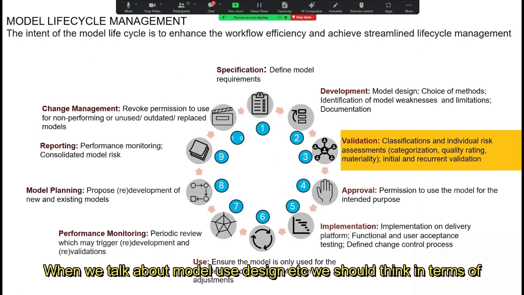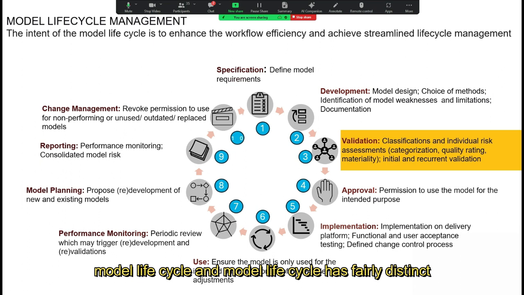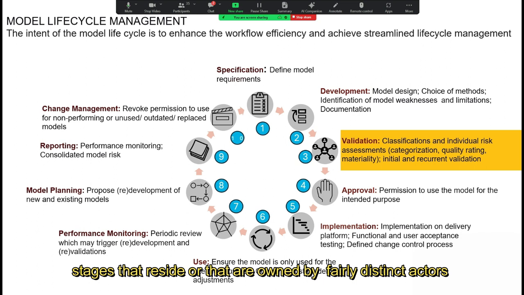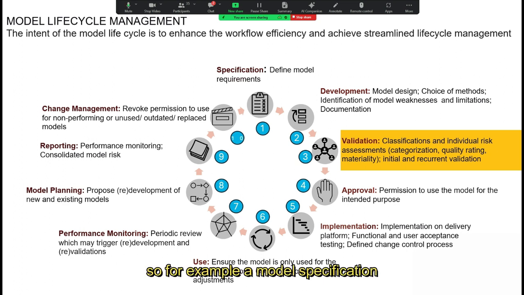When we talk about model use, design, etc., we should think in terms of the model life cycle. And the model life cycle has fairly distinct stages that are owned by fairly distinct actors. So, for example, model specification and model development reside within the business line units responsible for the design and use of these models.